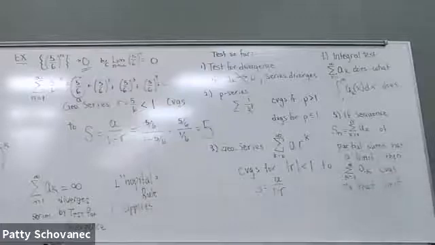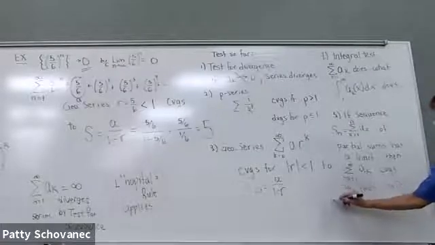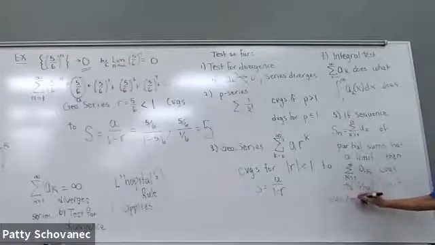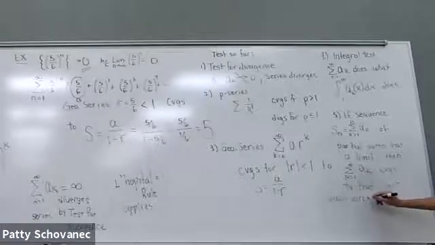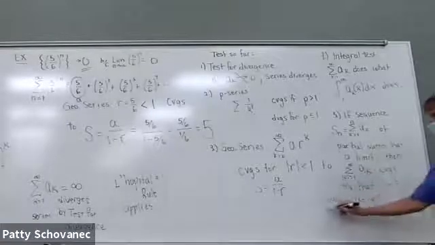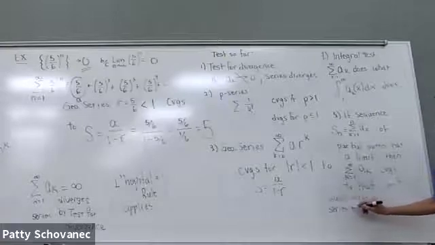But writing that sequence of partial sums really depended on whether or not the series itself was telescoping. So that usually works if the series is telescoping.